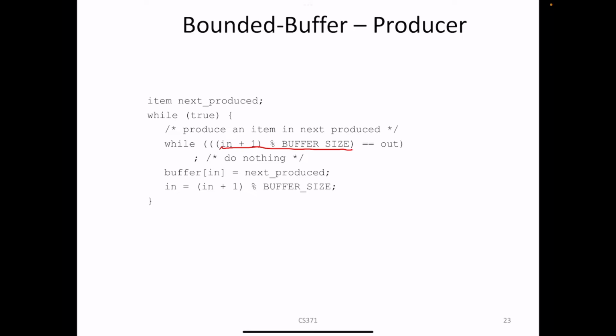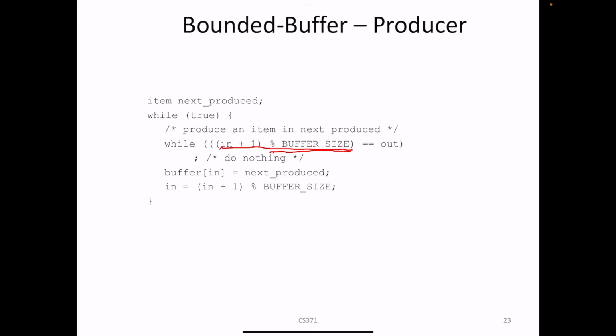And also, why do we use the mod buffer size? Because we want to maintain a circular array here. When the consumer consumes an atom from the buffer, then the out variable will be equal to 1, right?